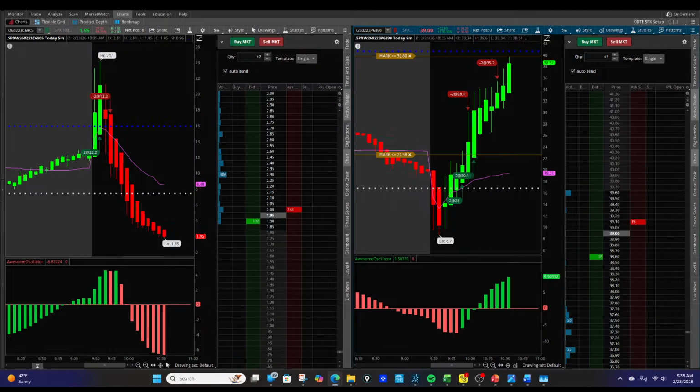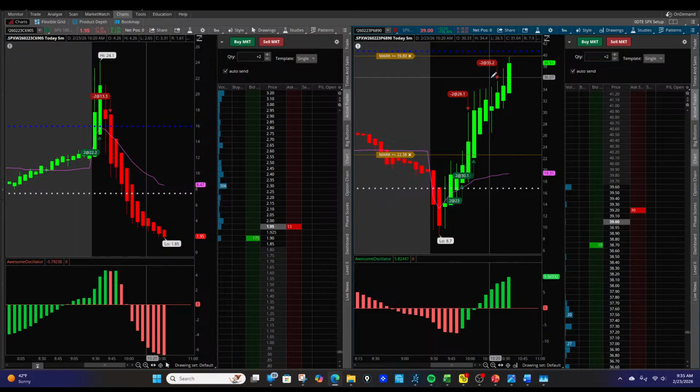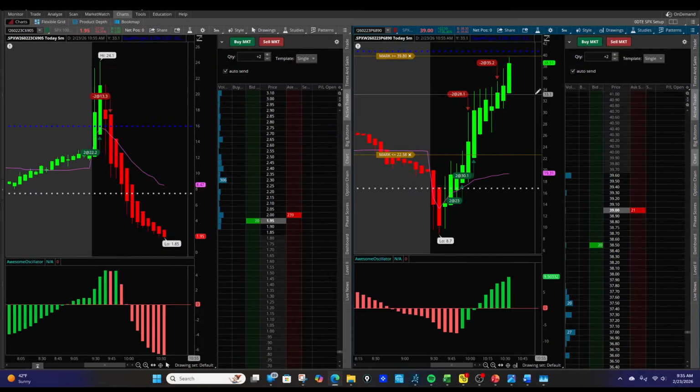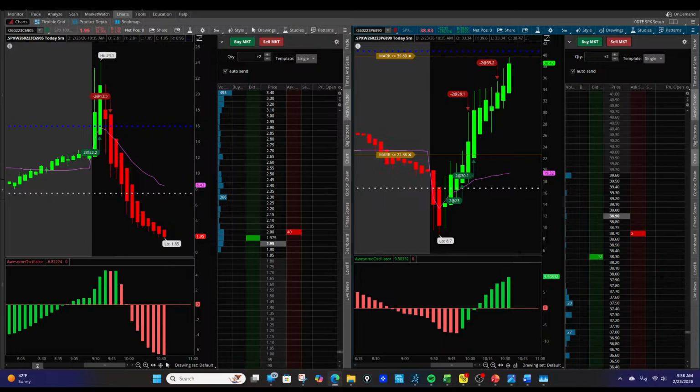But it's better to be safe than sorry. We don't want to overextend and then have it go back down. So that's why we're cautious. You never want to buy at the top.